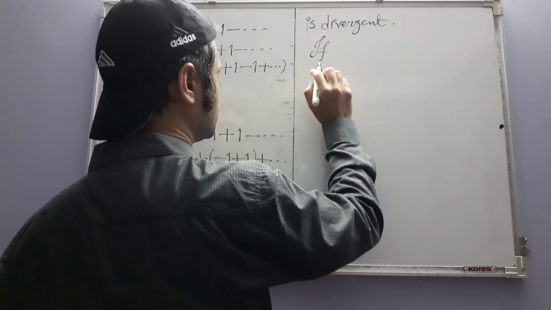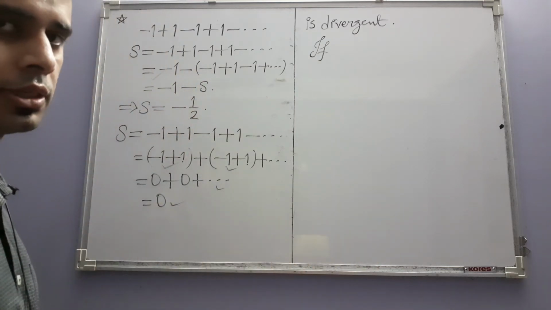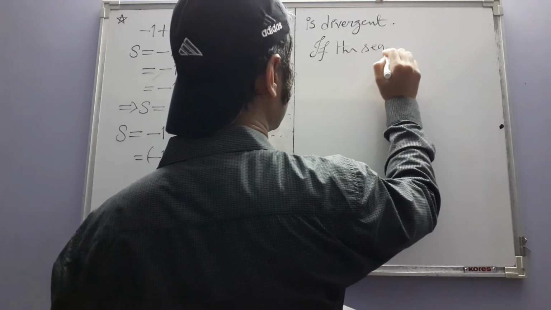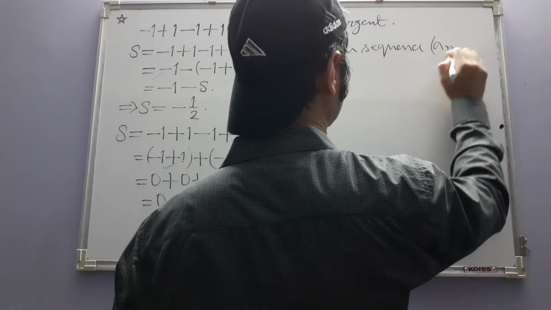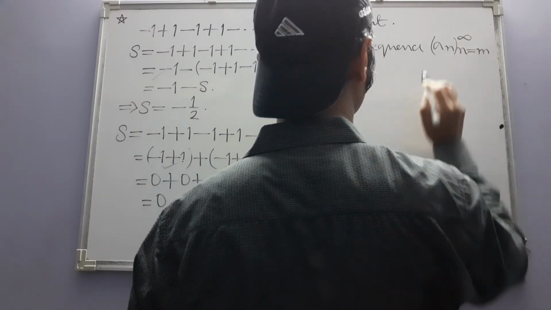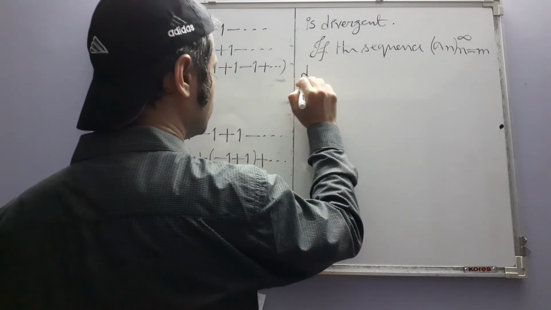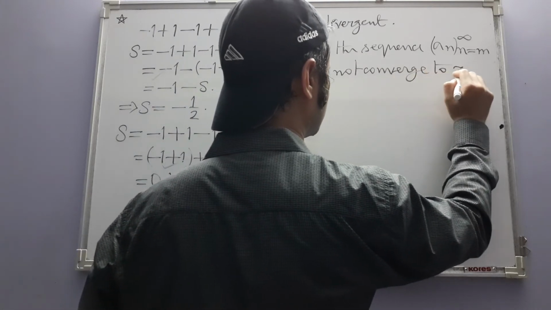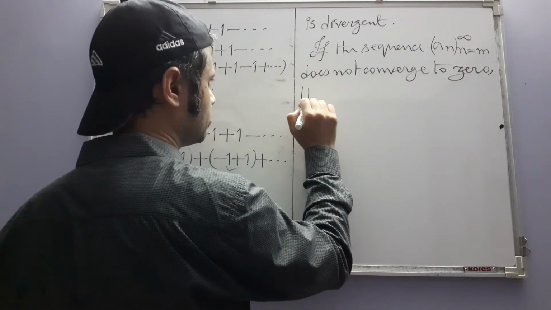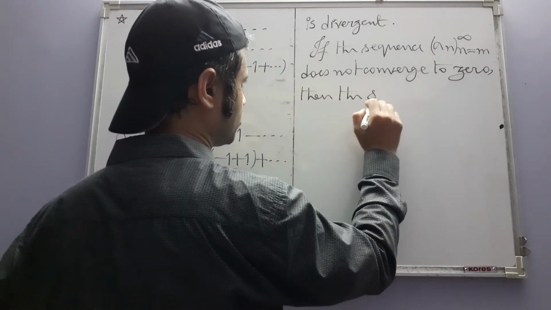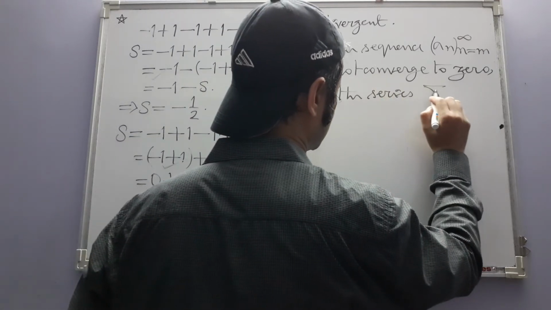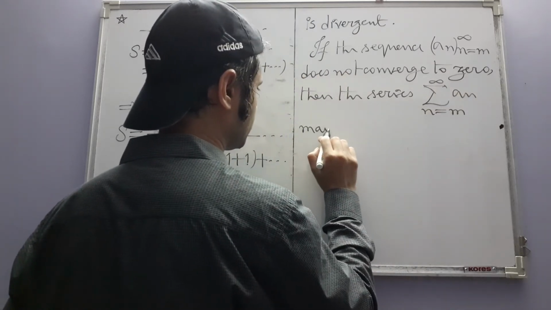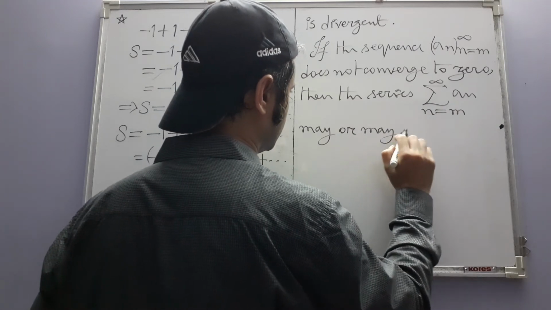Next comes the question of the converse to the zero test. The converse is not true. If the sequence does not converge to 0, then the series may or may not be convergent.